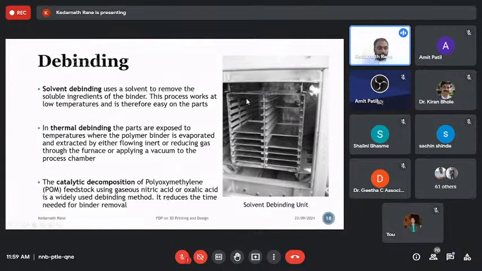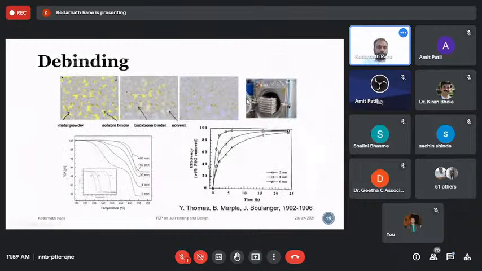When it comes to catalytic decomposition, they use acids, because it's a typical polymer, to get it removed from the part, and you need to remove it in quick succession because it's nitric acid. There is another system called supercritical CO2. I'm not going into details of this system, but to make the process commercially applicable, a lot of things are going on to improve the process characteristics.